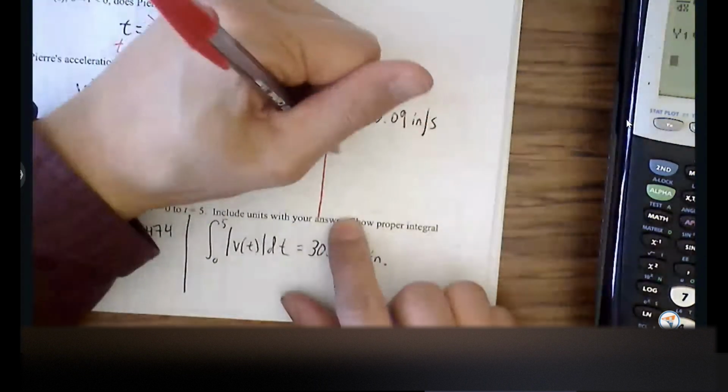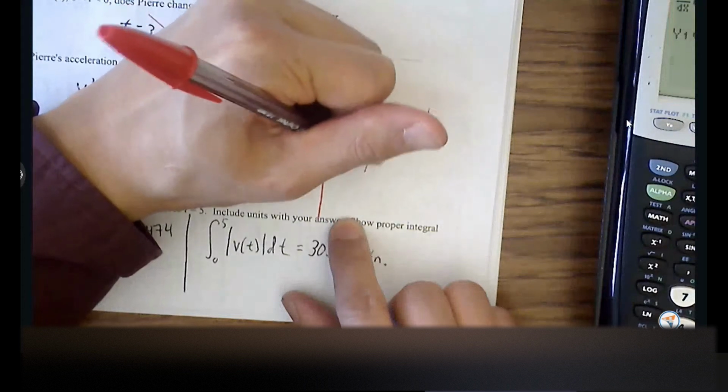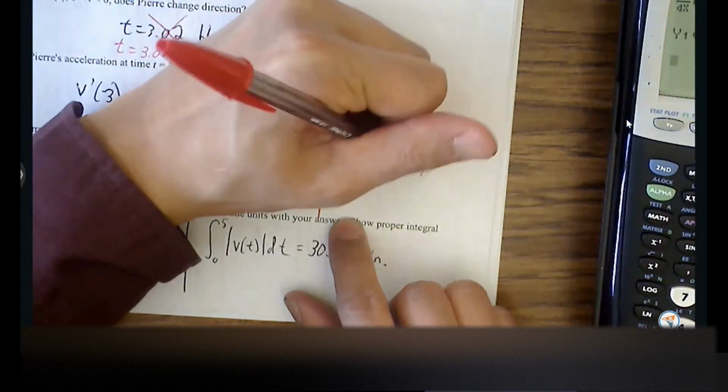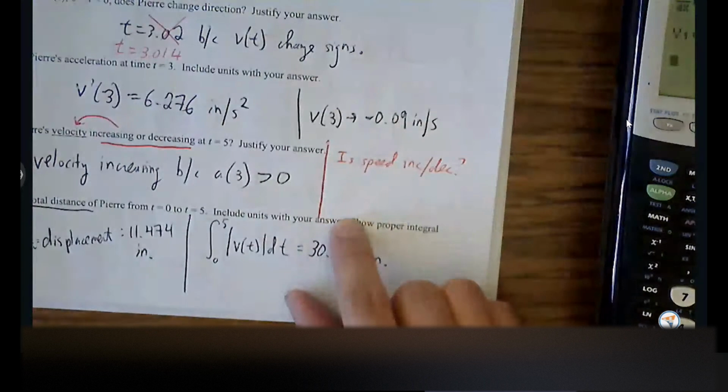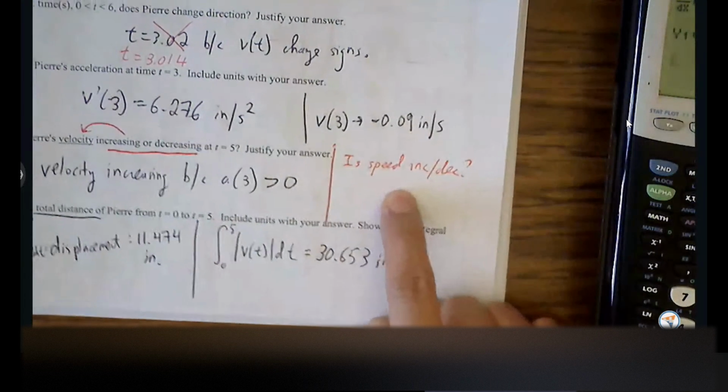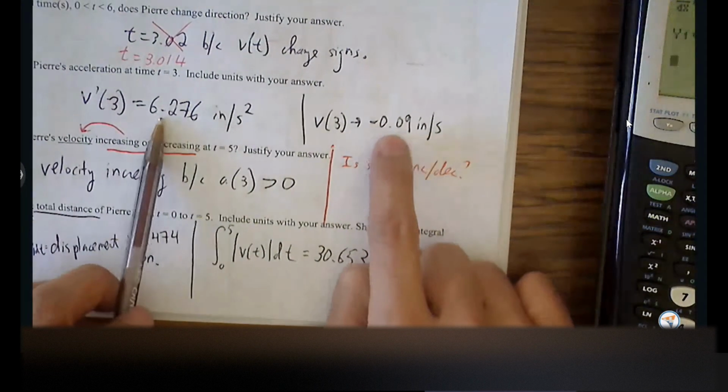The flip side is sometimes you may see a problem that says, is the speed increasing or decreasing? If it's asking for increasing, decreasing speed, then we compare the signs.